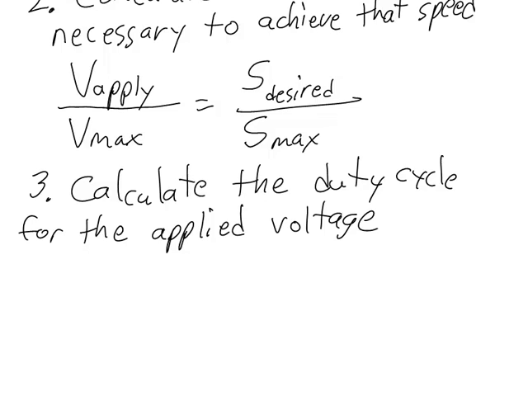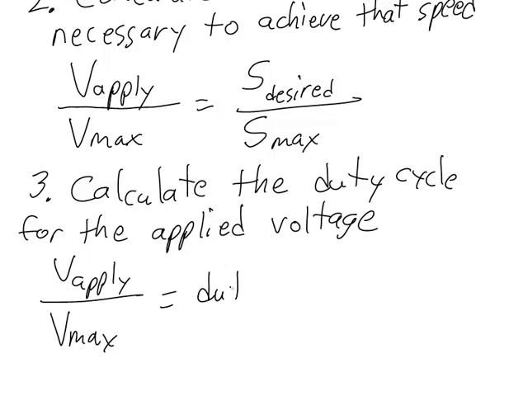The duty cycle can be very simply calculated from the equations in Step 2. The applied voltage divided by the maximum voltage is equal to the duty cycle, and since the duty cycle is typically expressed as a percent, you have to divide the duty cycle by 100.